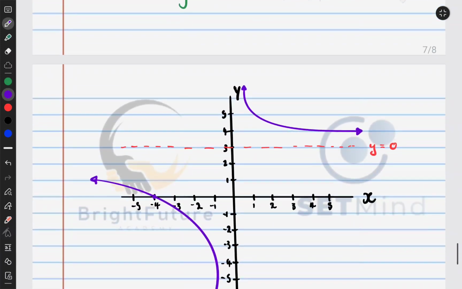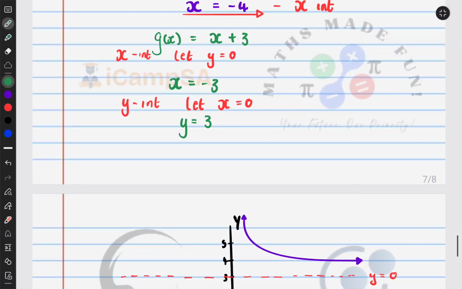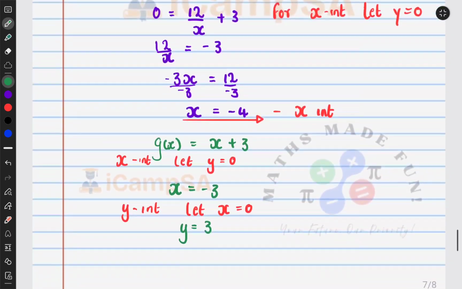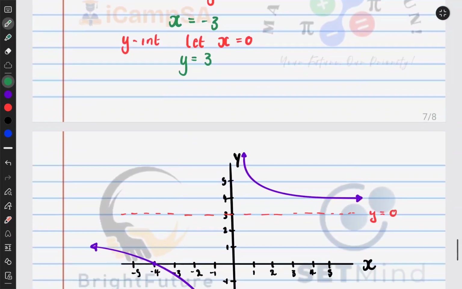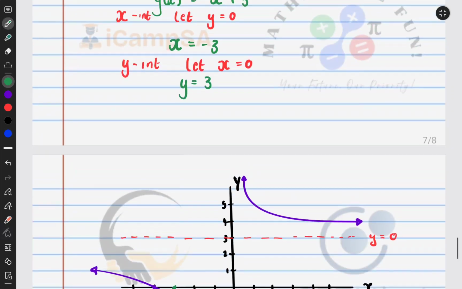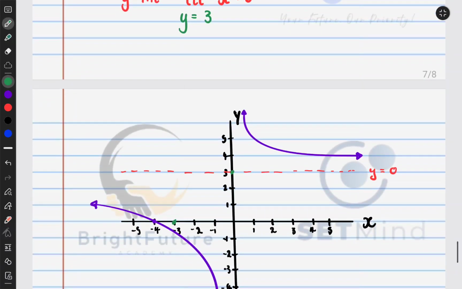Okay, and then let's go ahead and sketch the function g of x. What do we have there? We have an x-intercept at x is equal to negative 3 here, and then a y-intercept at 3 there. Then you take the ruler, you simply join the 2 points.